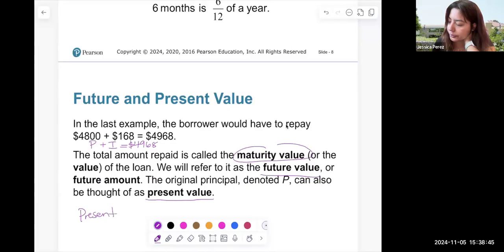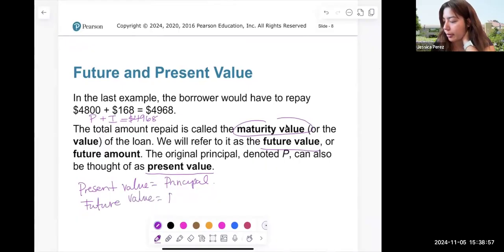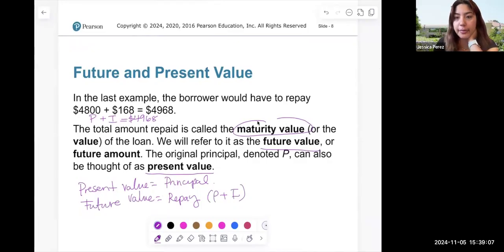The present value is the principal amount, how much you borrowed initially, whereas the future value is how much you need to repay, which is the principal plus the interest. Because your future value will be more. It's either the future value or the maturity value; they are synonyms and interchangeable.